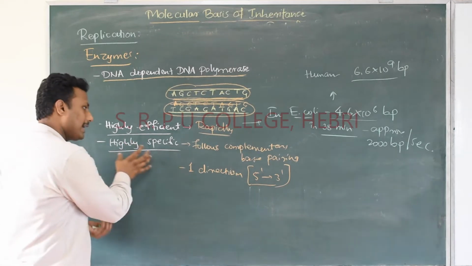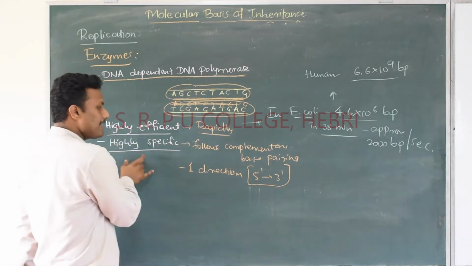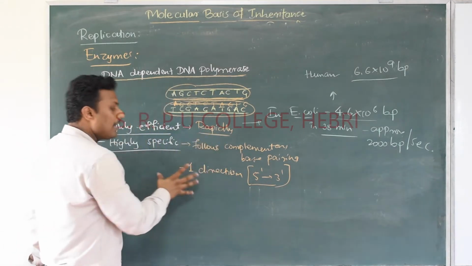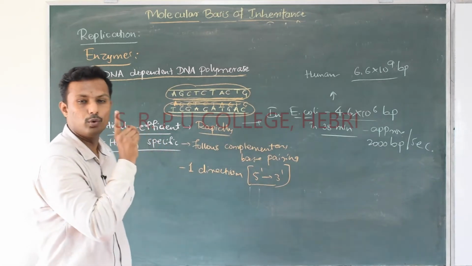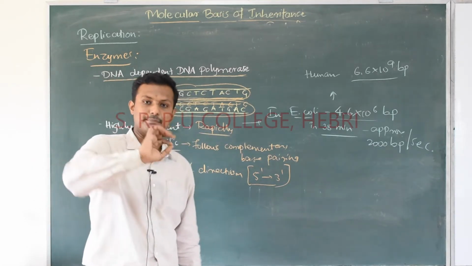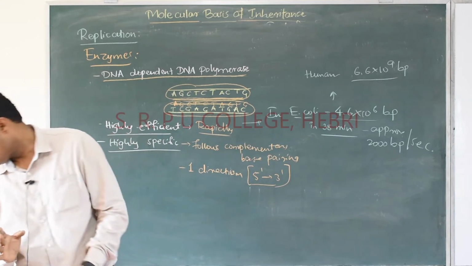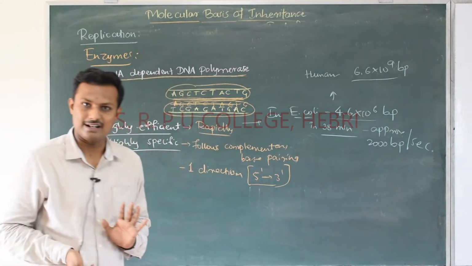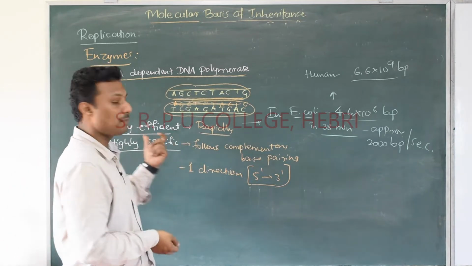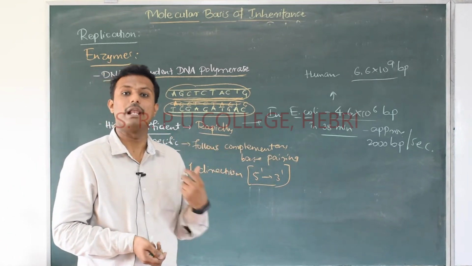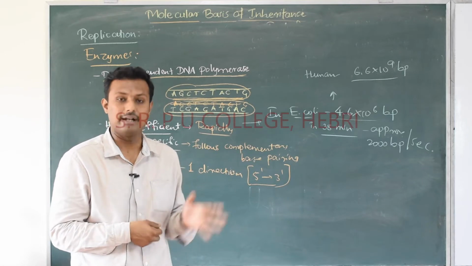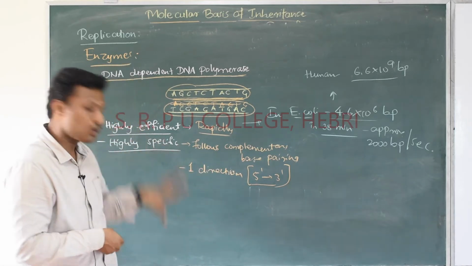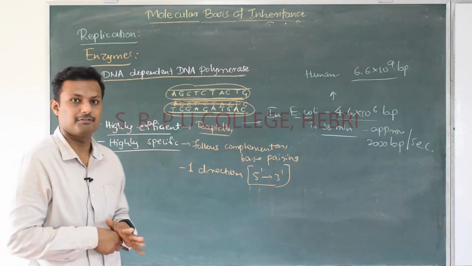And it is also highly specific because it always follows complementary base pairing, and it happens always in only a single direction, that is 5 prime to 3 prime. If there are any mistakes, this polymerase will also help in correcting those mistakes, and it also has the capacity to stop the process of replication there.